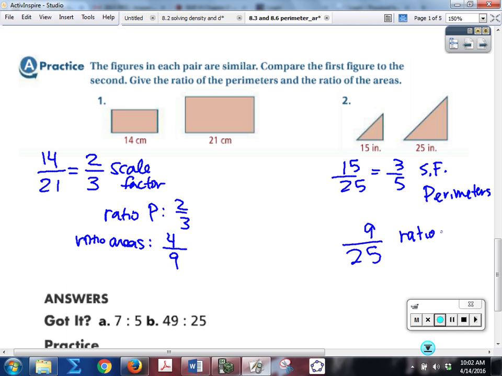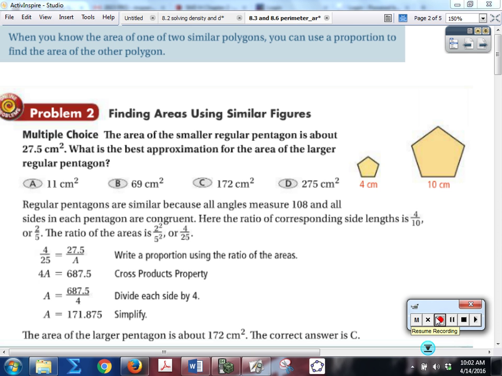What we're going to do now is, if we know the two polygons are similar, if we know the area of one and the scale factor, then we can find the area of the other one. So this one is 4 centimeters, this is 10 centimeters. What's the scale factor? I guess it doesn't matter if I do bigger or smaller, so I'm going to do the smallest to the biggest. So 4 to 10, or 2 to 5.